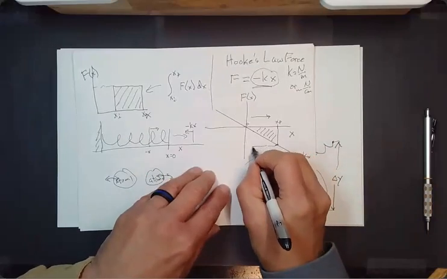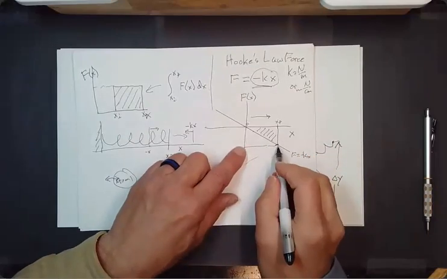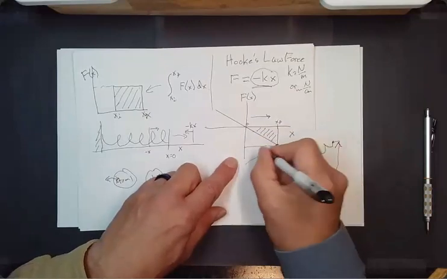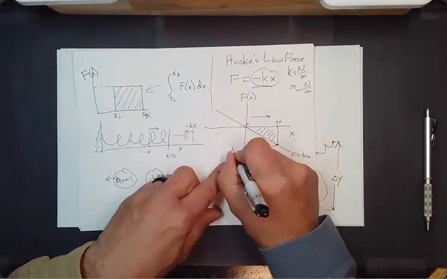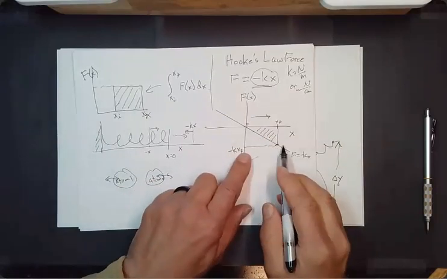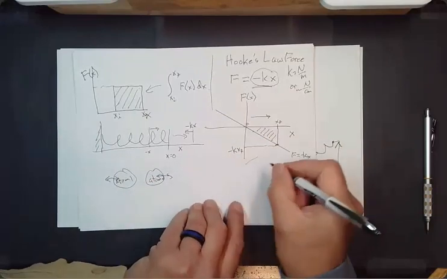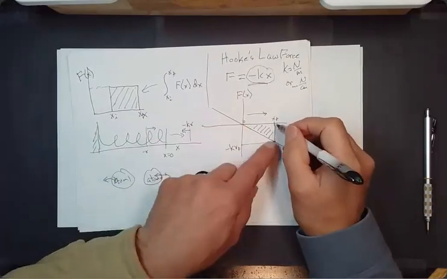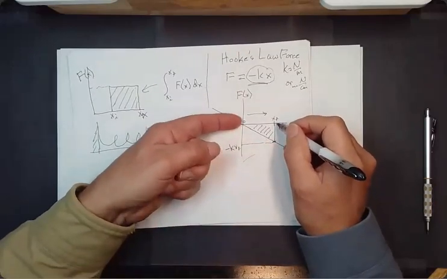So this thing right here will have a value of minus kx final. And the area of a triangle is 1/2 the base times the height. Well, the base is x final.